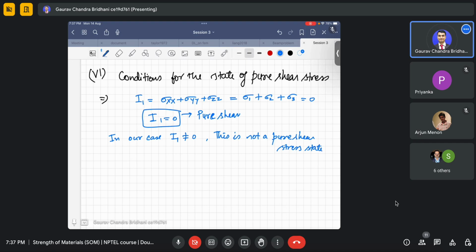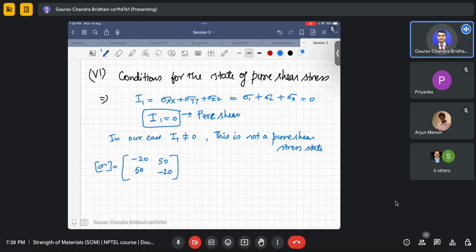Okay, these are very few quick checks. Suppose you find a problem like this: minus 20, 50, 50 and minus 20. You can directly say that it's a pure shear state of stress, because you see that I1 is 0.